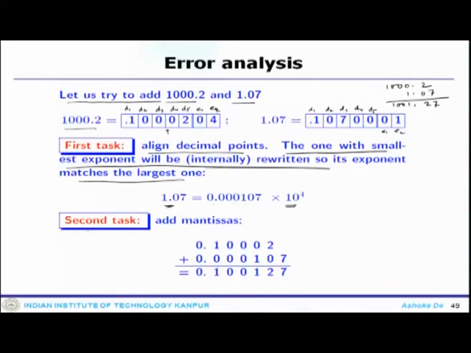Now, the second task is that we add the mantissas. The mantissa for this case was 0.000107, and the other case 0.10002, and while doing this the exponent part has been kept constant.